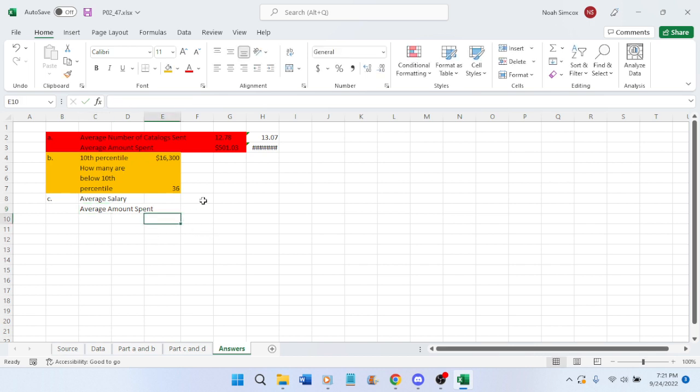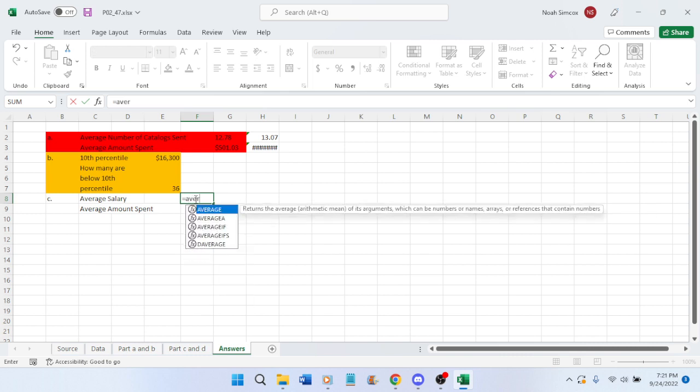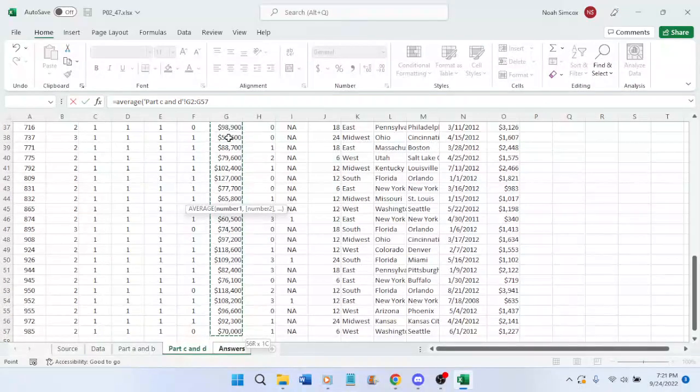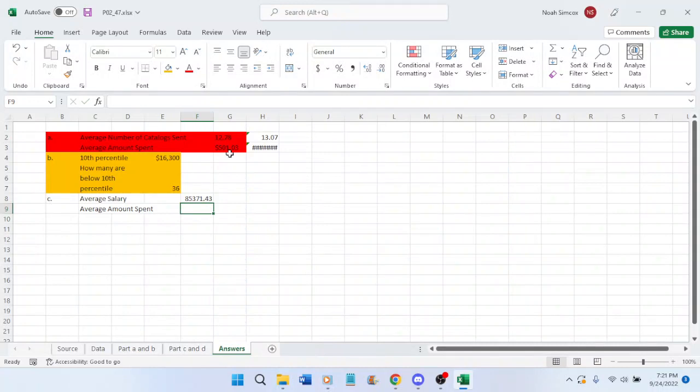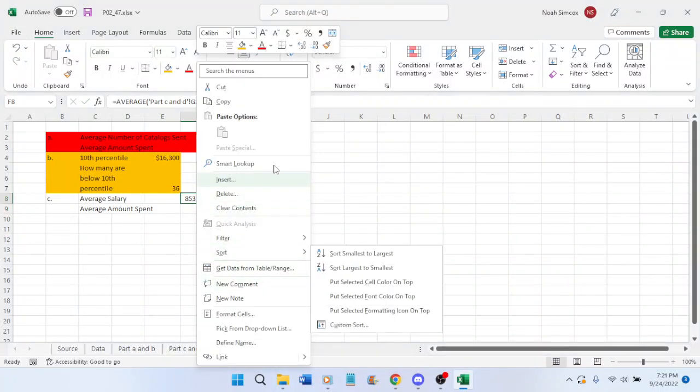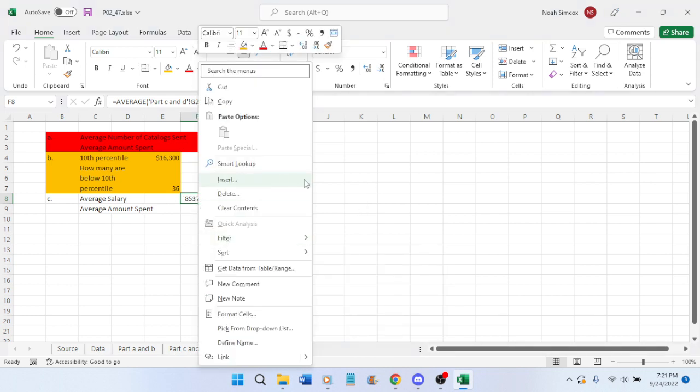Hip, hip, hooray. This average salary is going to be equal to, hate myself, equal to average of the values here. Format.